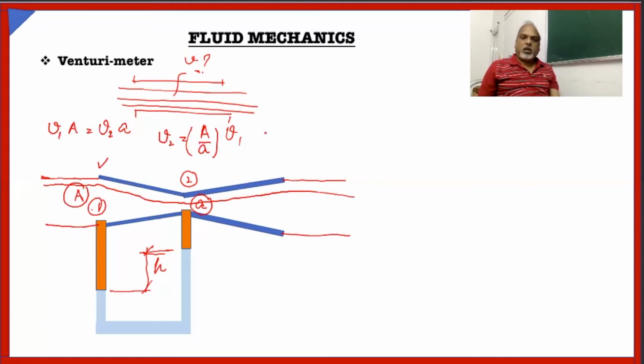Now, we have attached between point 1 and 2 one manometer, and we have a fluid here with density rho m.